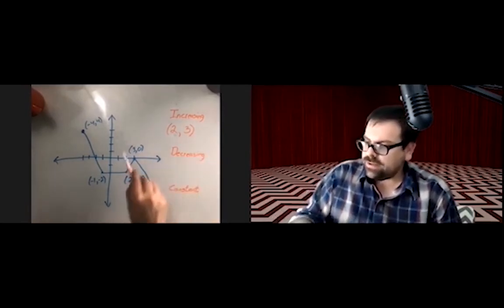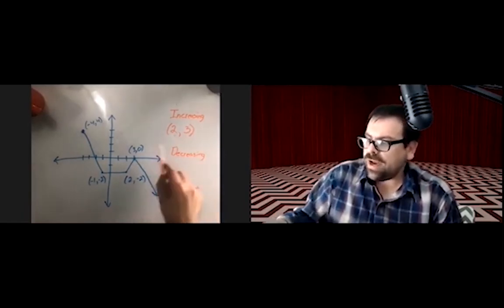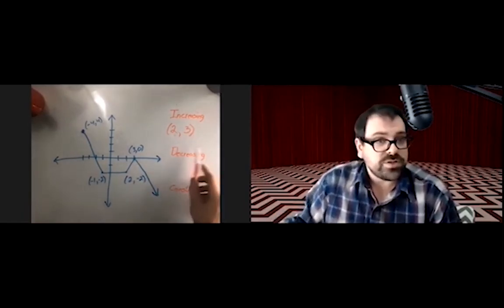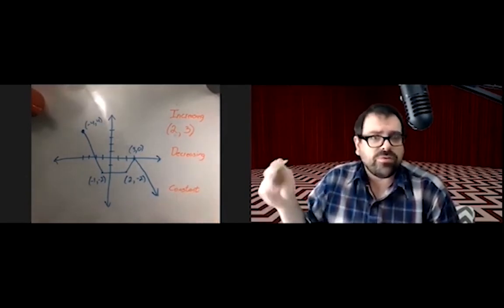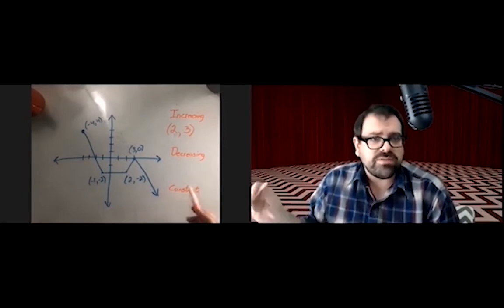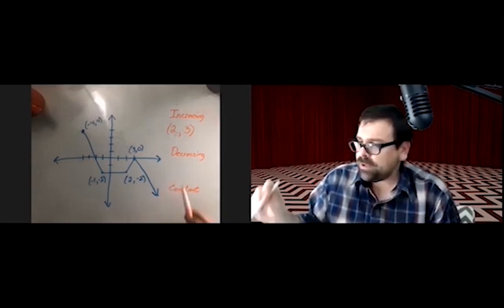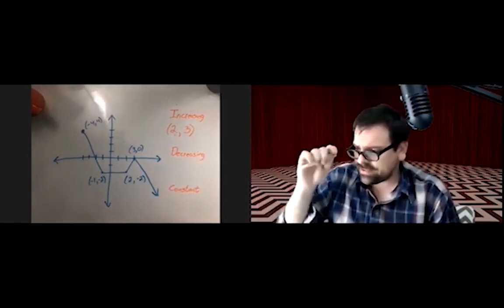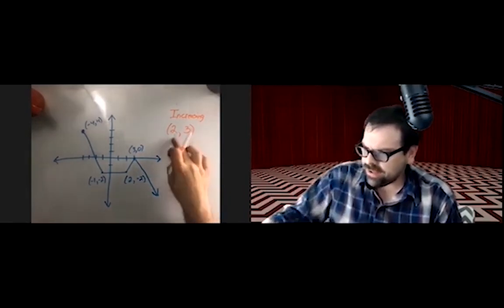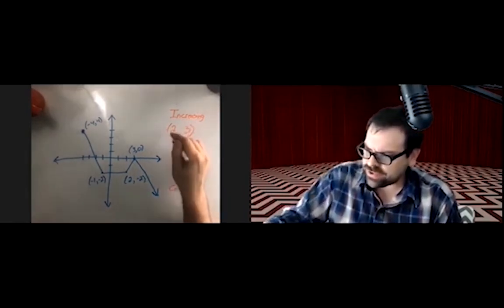If you need to go back and review how to write things in interval notation, that is section 1.4 in the front of the book, in the extra lectures that I've been posting. You can review how to do interval notation from the previous classes. If you need me to direct you to it further, just let me know.